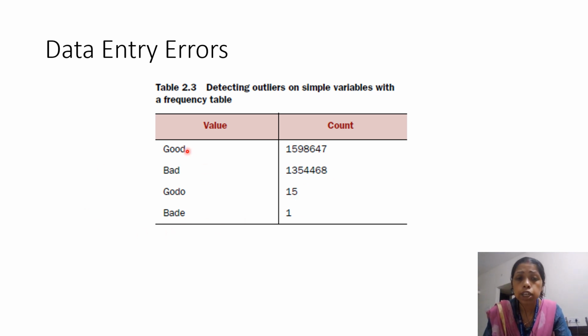So this is the outlier, the different data, the data entry error. And suppose bad is typed one time as B A D E while entering it into the column. So this is the data entry error. This is manually generated data or machine generated data. Both cases we can get a data entry error.